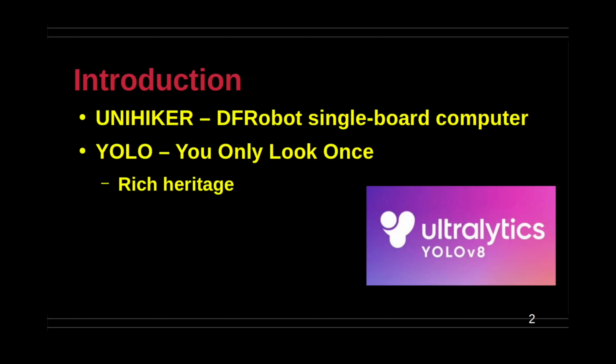YOLO, you only look once, is a powerful and versatile object detection algorithm for applications in self-driving cars. YOLO can be used to detect objects on the road, such as pedestrians, vehicles, and traffic signs.